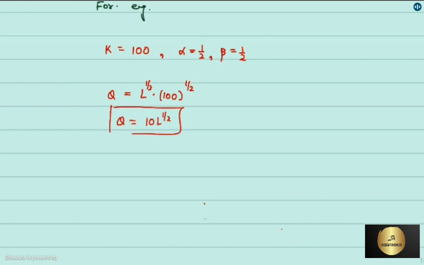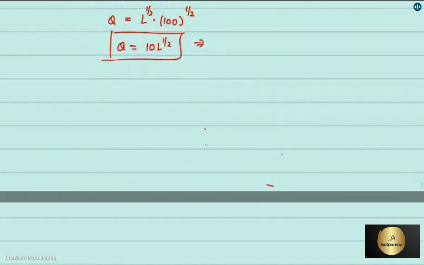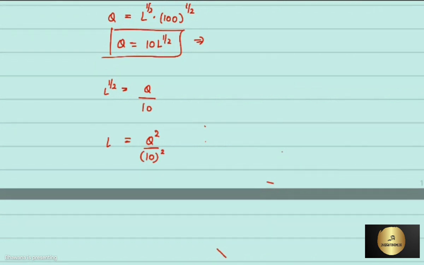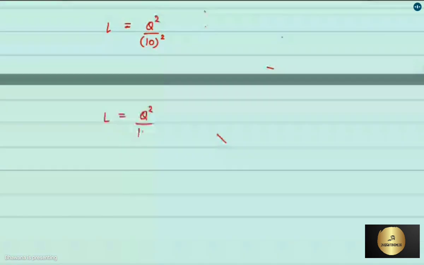So your production function in short run will look like this. Now we have to solve it with respect to L. So you get Q by 10; this 1 by 2 power, if we send it to the other side, goes to the numerator. So you will get L is equal to Q square divided by 10 square. Okay, L is equal to Q square by 100.